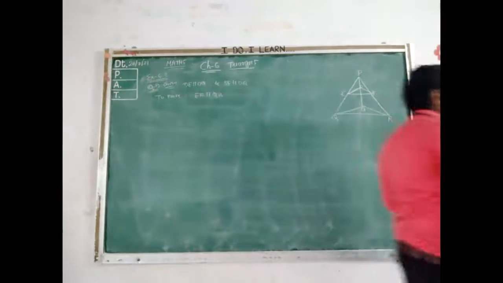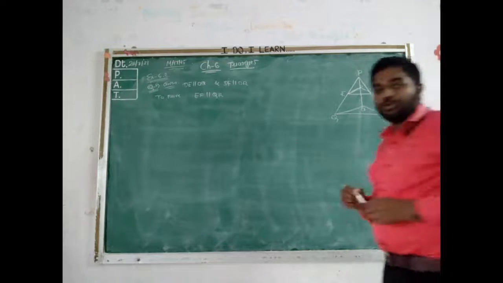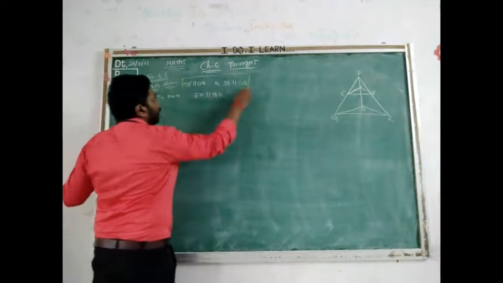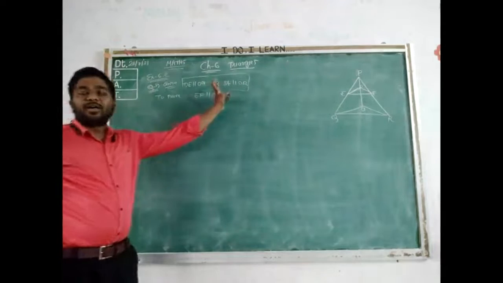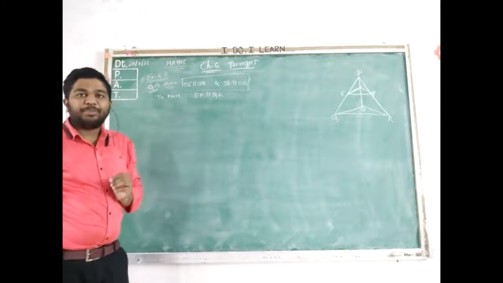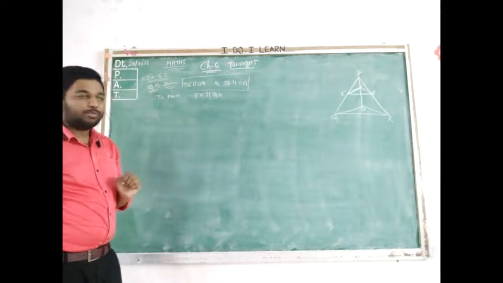Now here, to prove the parallel, we have to use the converse theorem. If we want to use the converse theorem, first of all the ratios should be equal. That ratio we can prove using these two, because parallel is given. From BPT we can say that the ratios would be equal.